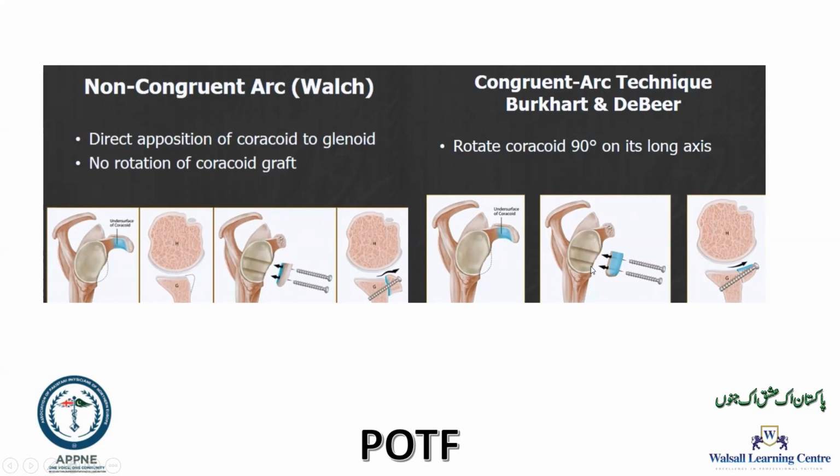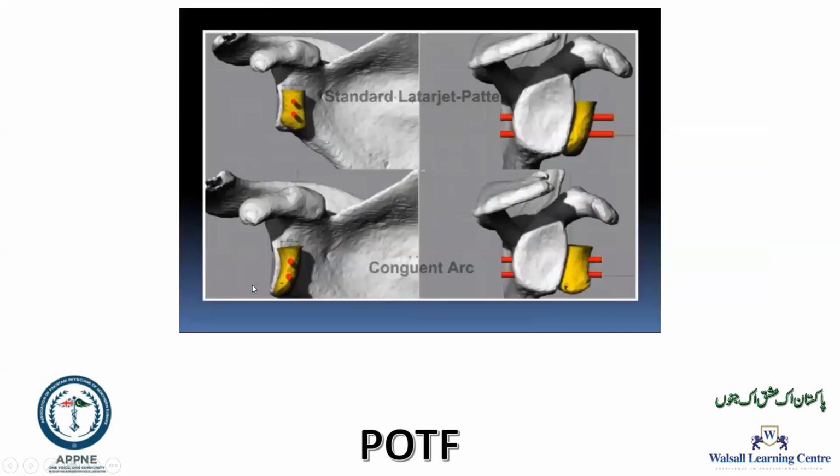Whereas in this, you have no augmentation of the labrum, but you still have the arch supporting your glenoid, and you also have the conjoined tendon helping you. Okay, so this is very easy to understand. It is where you put the undersurface of the coracoid. It becomes congruent and non-congruent, yeah? And this is what it looks like in an X-ray. You can understand that.